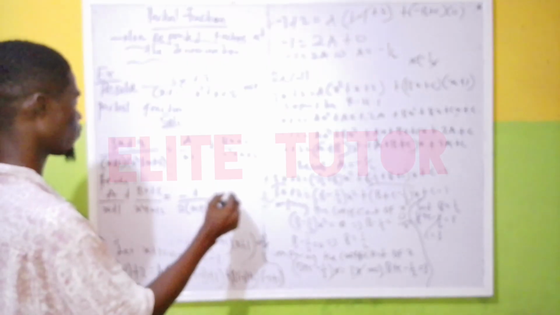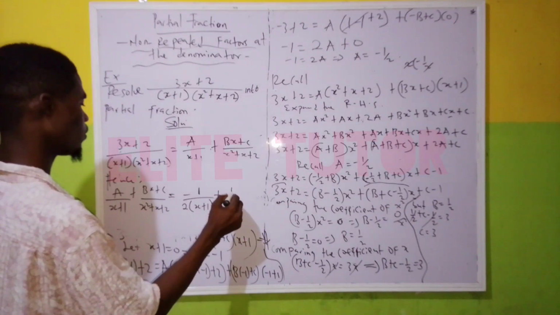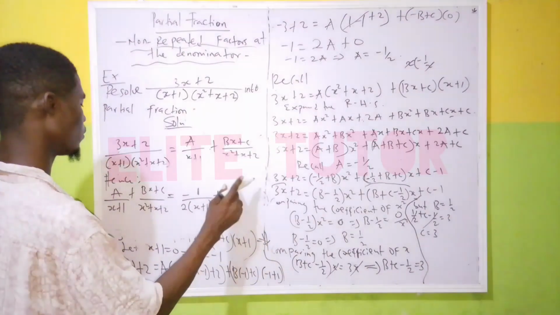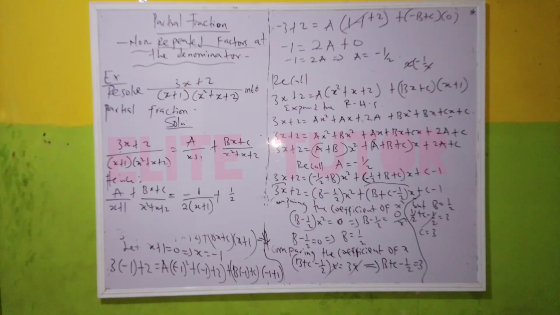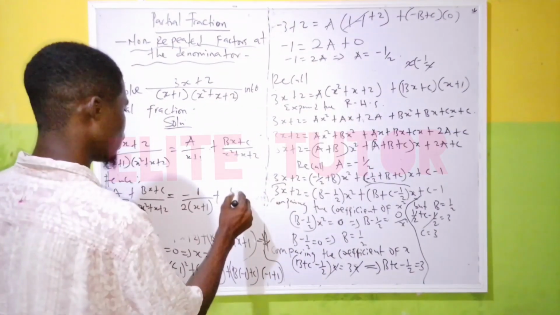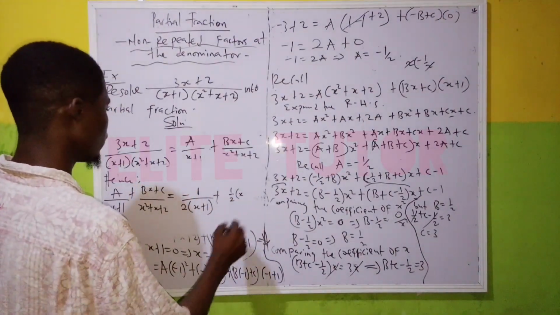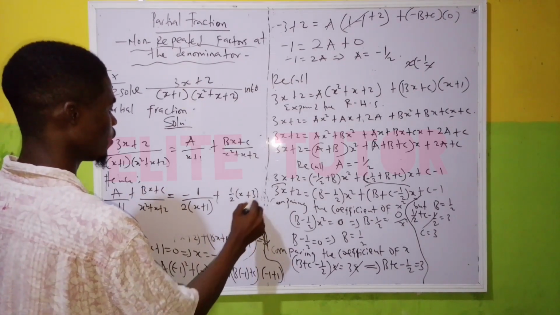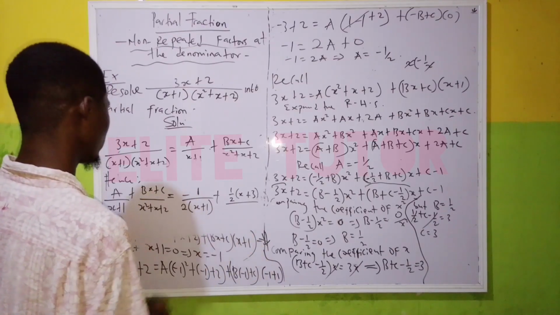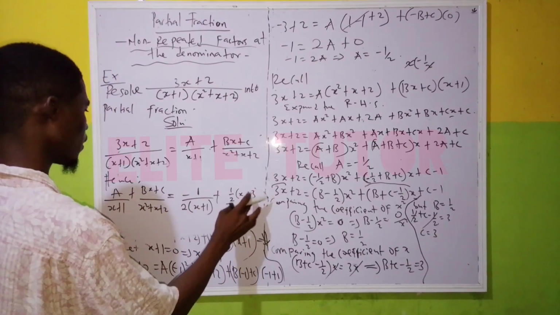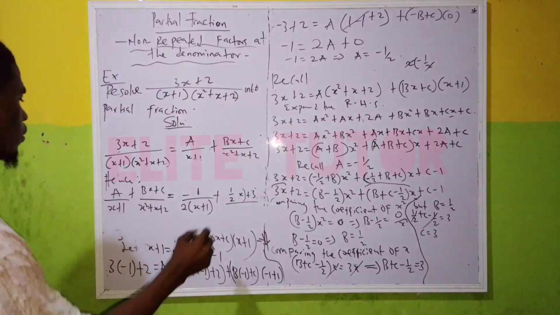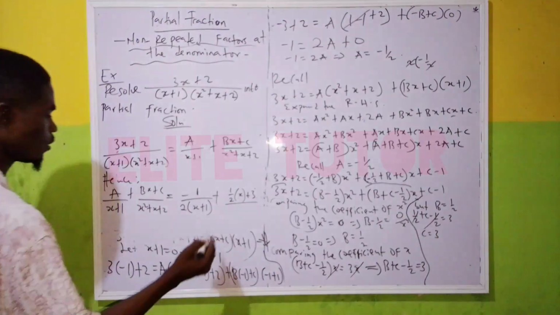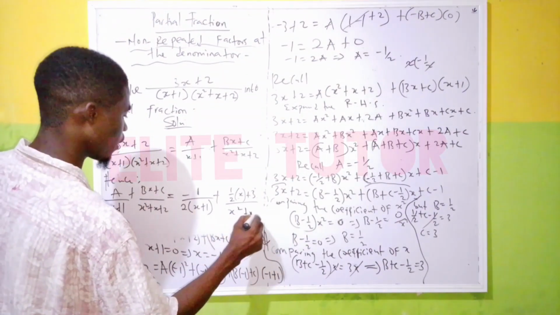Plus, what do we have for b? We got half x. Plus, what do we get for c? Plus 3 over x squared plus x plus 2. So it's standing alone: half x plus 3 over x squared plus x plus 2.